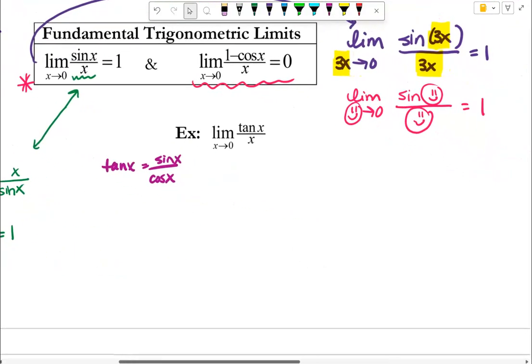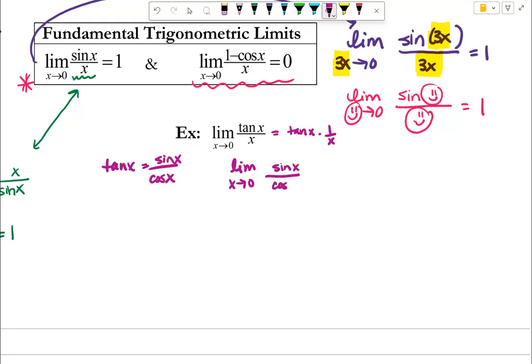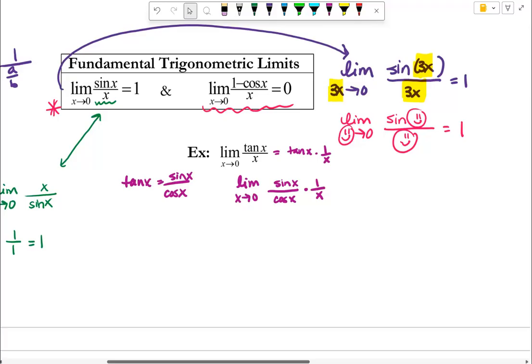All right, so if I rewrite this, I'm evaluating the limit as x approaches 0 of, and instead of writing this all over x, I'm going to think of this as tangent of x times 1 over x to start with. So I'm going to think of this as the sine of x over the cosine of x times 1 over x. All right, this is starting to look closer to that first trig limit in our box.